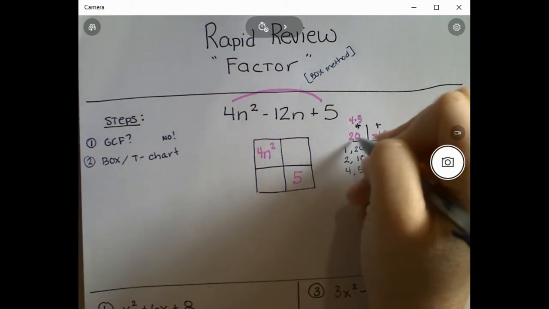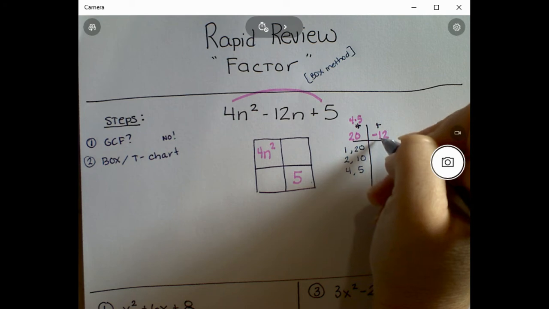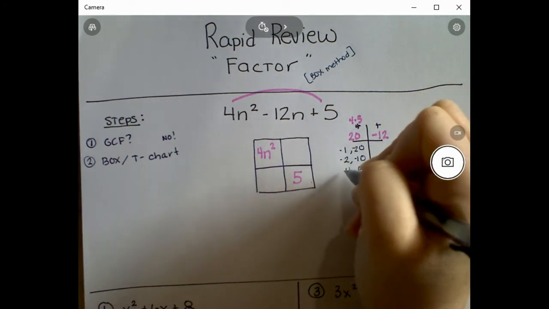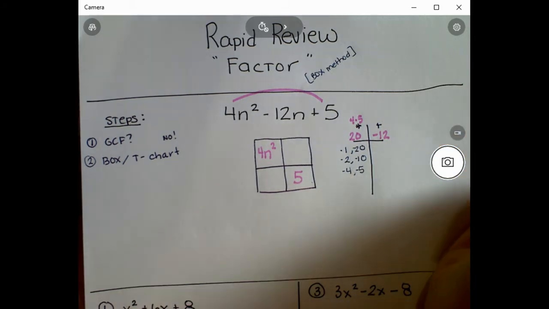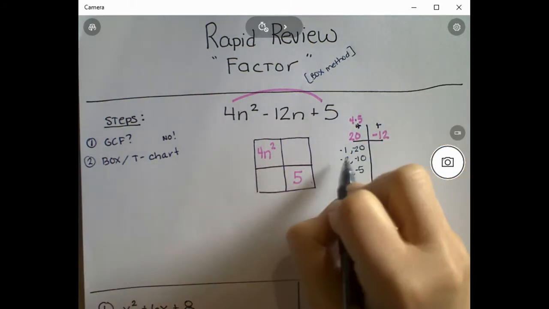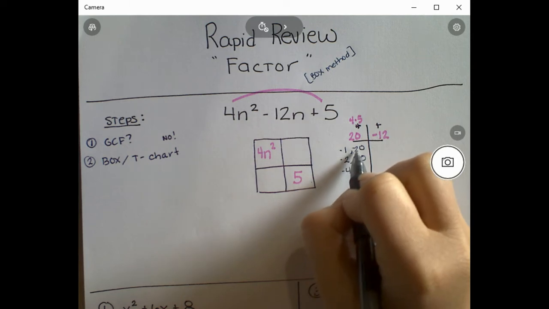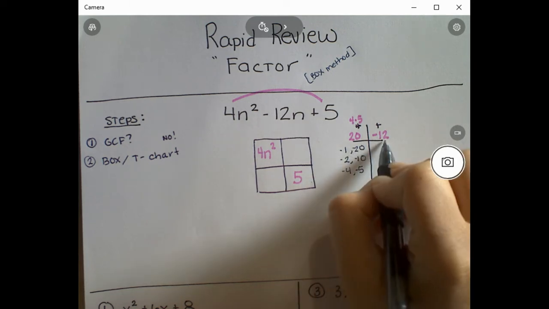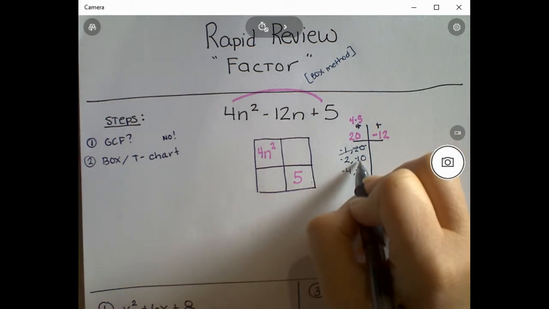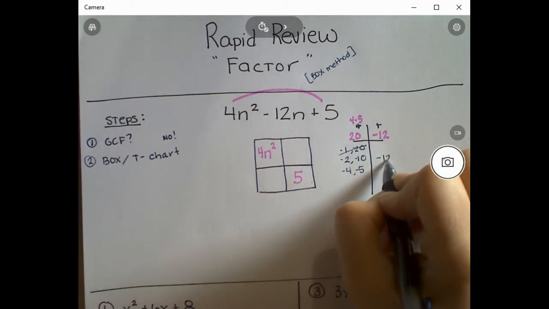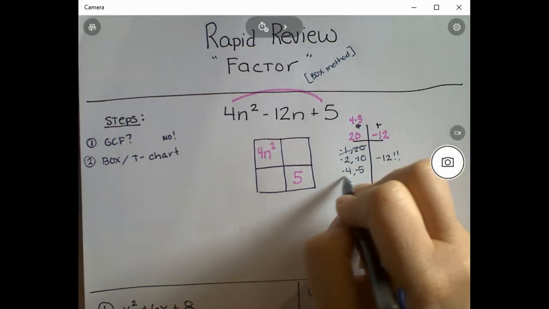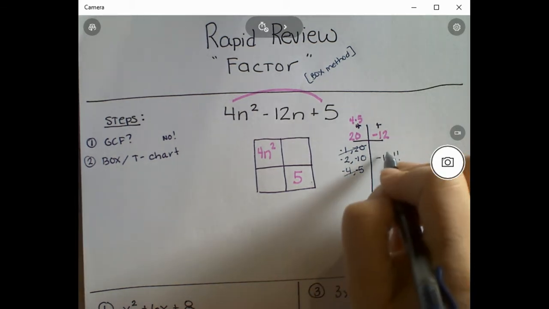Knowing that this is positive and this is negative, we know all of our factors have to be negative, because two negatives make a positive when you multiply. So negative 1 plus negative 20 is not negative 12. Negative 2 plus negative 10 is negative 12. And negative 4 plus negative 5 is negative 9. So we want this answer.